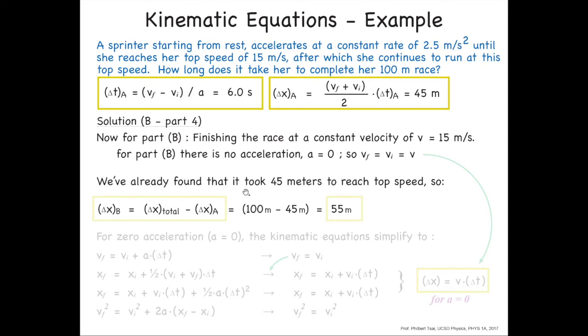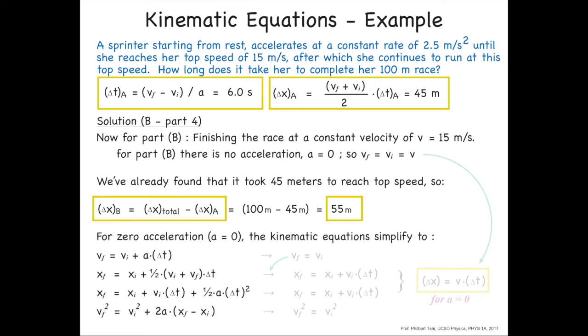And we've already found that it took her 45 meters of running to get to her top speed. So the amount of distance left to cover is just that 100-meter dash minus the 45 meters she's already covered, and we get 55 meters left to run.